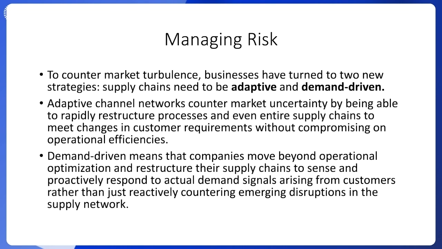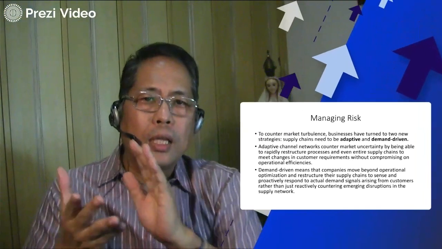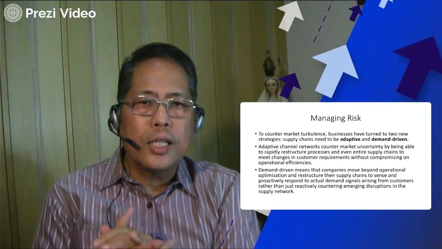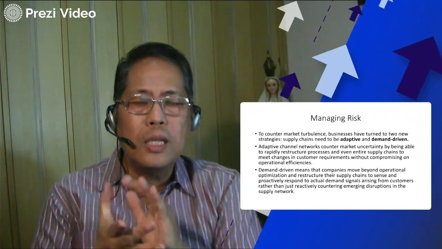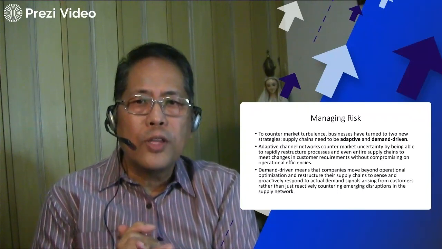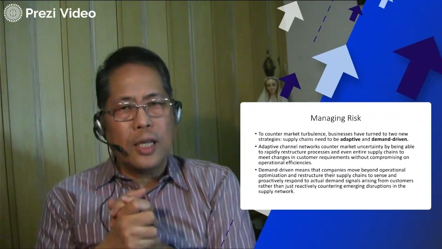To counter market turbulence, businesses have turned to two new strategies. Supply chains need to be adaptive and at the same time to be demand-driven if they are to remain resilient.